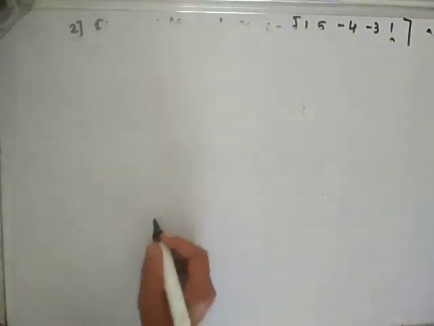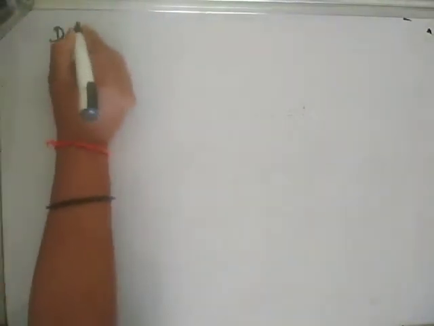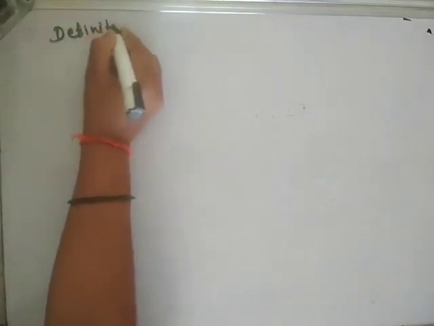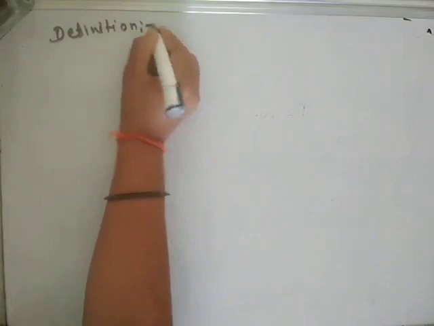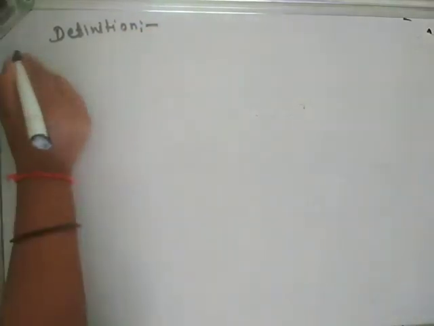Let us take the next definition. Column space. Definition. Okay.